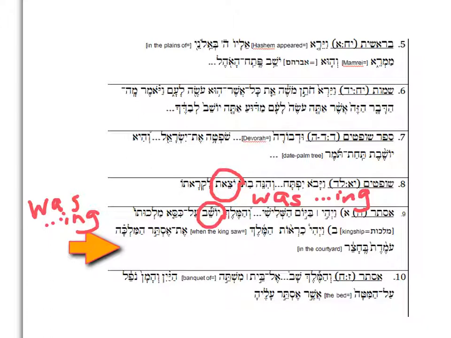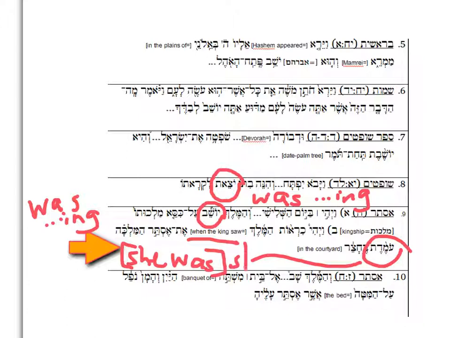Vayhi kirot hamelech, when the king saw et Esther hamalka, Esther the queen, omedet bechatzer. What's omedet? So the implication is she was standing. Okay, she was standing. So when the king saw Esther the queen, that's going to replace the she was, right? Esther the queen standing in the courtyard. Okay?